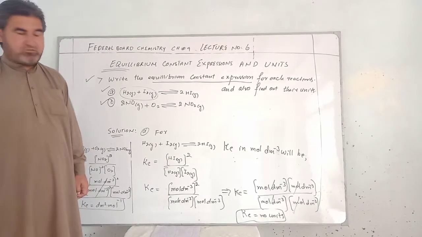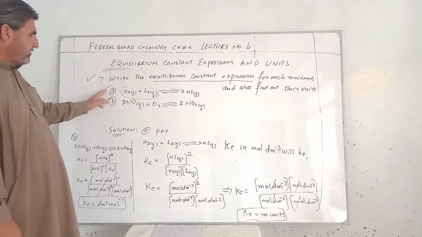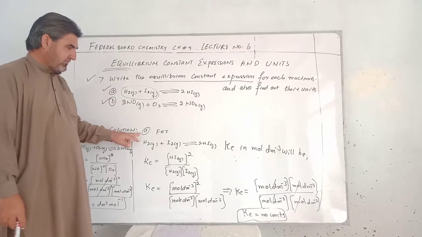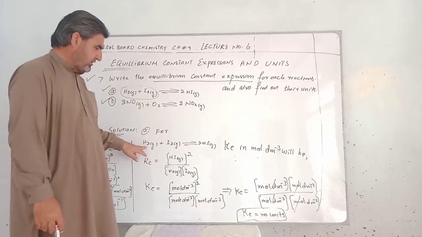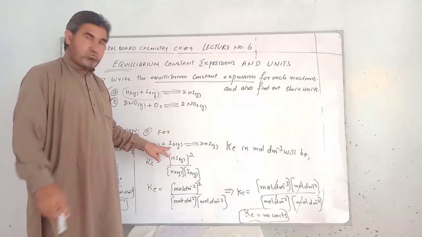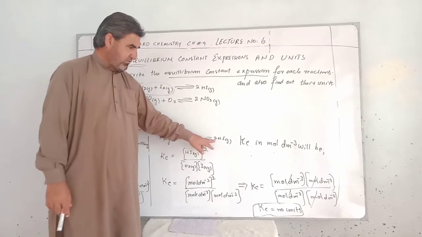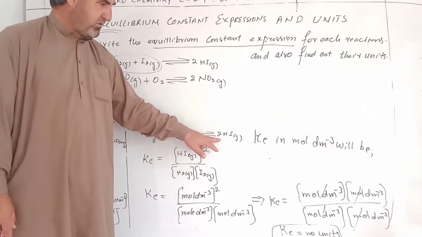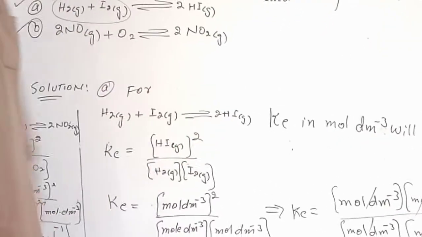Coming to the first one, number A, which is hydrogen gas, H2, plus iodine gas, I2, a reversible reaction which gives 2HI, hydrogen iodide.